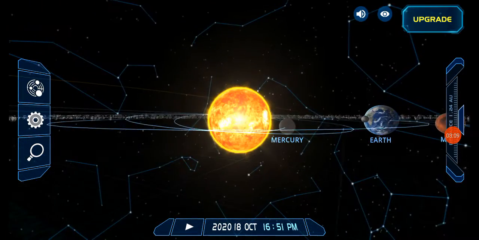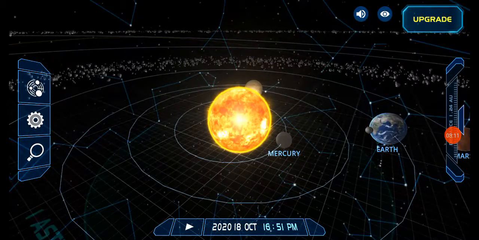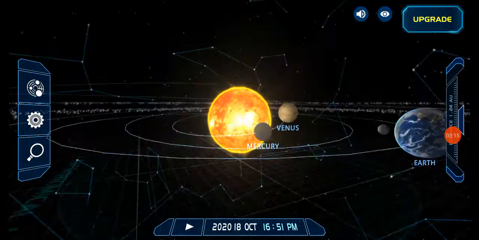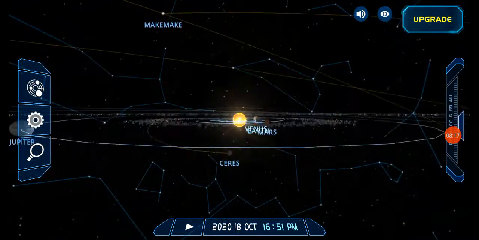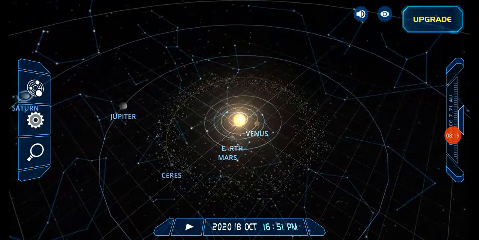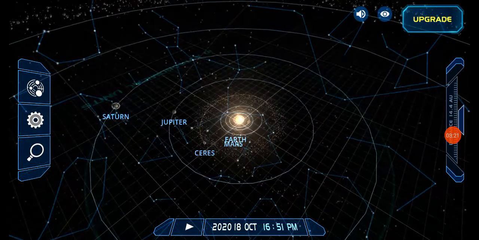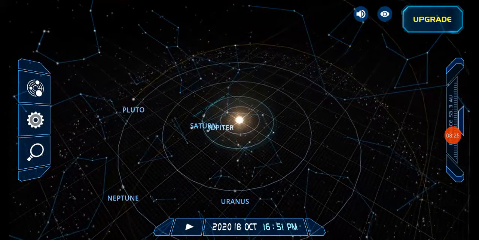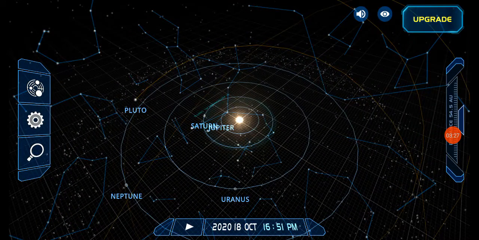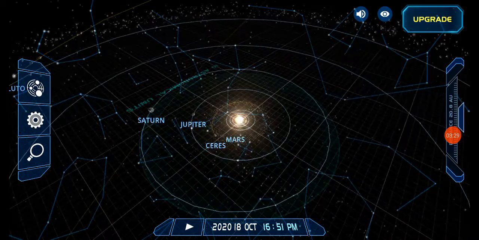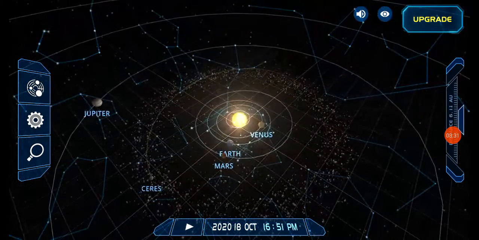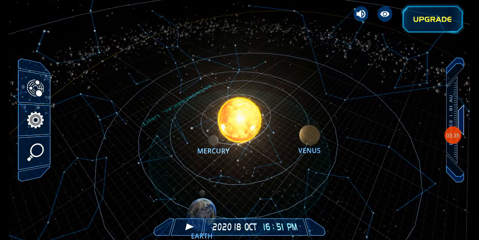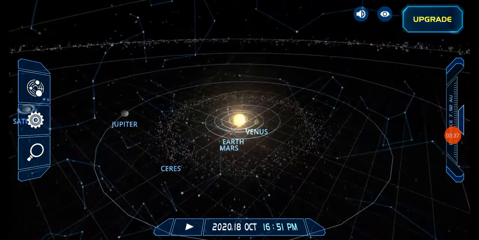The Earth has its own axis, Mercury has its own axis, Venus has its own axis, and other planets like Jupiter and Saturn have their own axis. As you can see from here up to Pluto, the axis increases from Mercury. Since Mercury is the closest to the sun, it has the smallest axis, and then it goes on increasing.